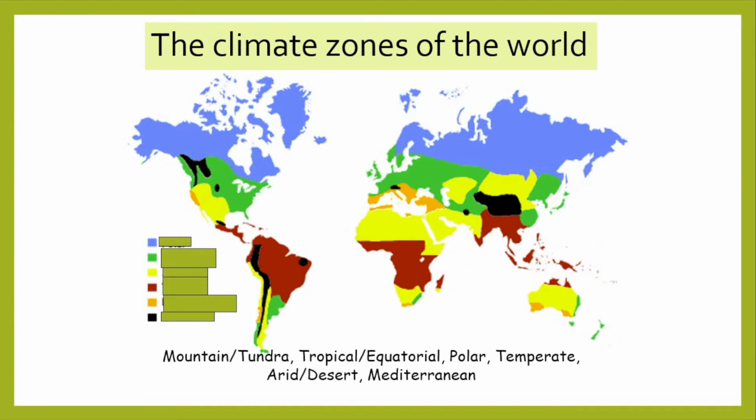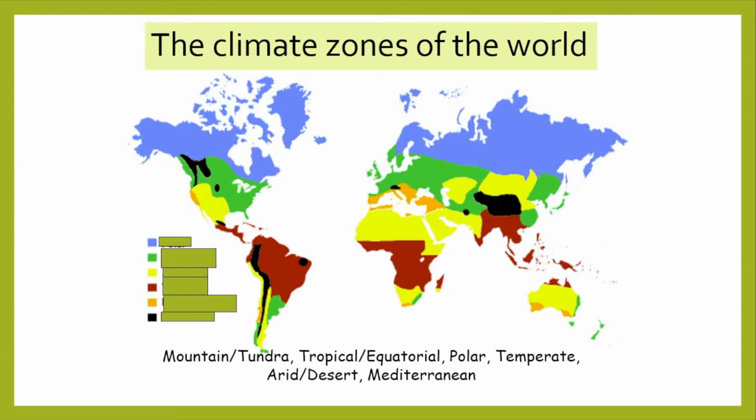This map shows the main climate zones of the world. And as you can see, there's an obscured key there on the left. Underneath each of those little boxes that I've added is the name of the climate zone that matches the region of that colour. On the bottom of the map, you've got the climate zones. Mountain/tundra. I've put both of the terms because sometimes they're referred to as either of those words.